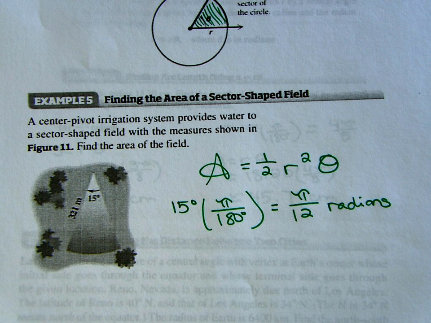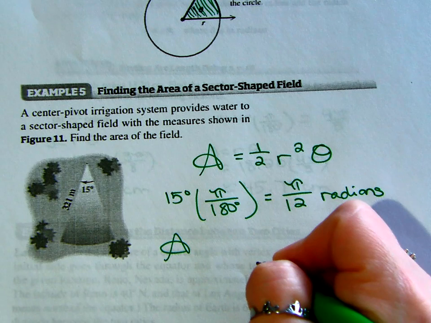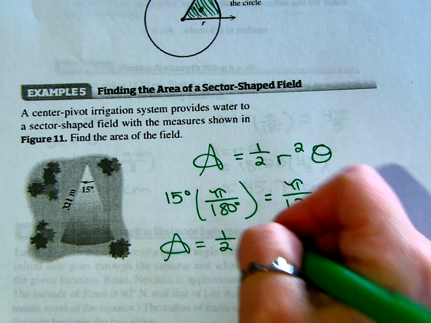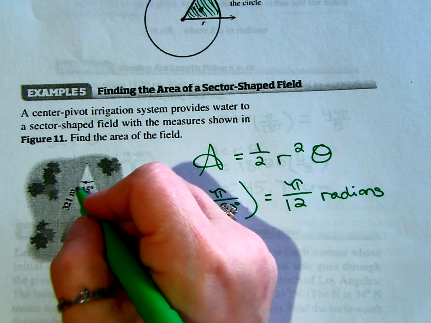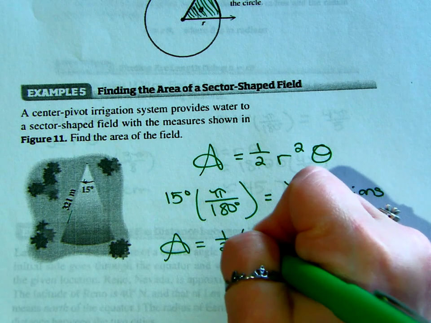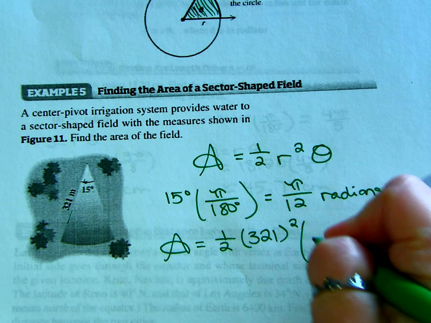So now to find the area of the sector, we're just going to plug in all the information we know. It tells us 1/2 the radius squared. Well, the radius in this case is the 321 meters that's listed over there on the side. And that's squared times our theta in terms of radians. So pi over 12.